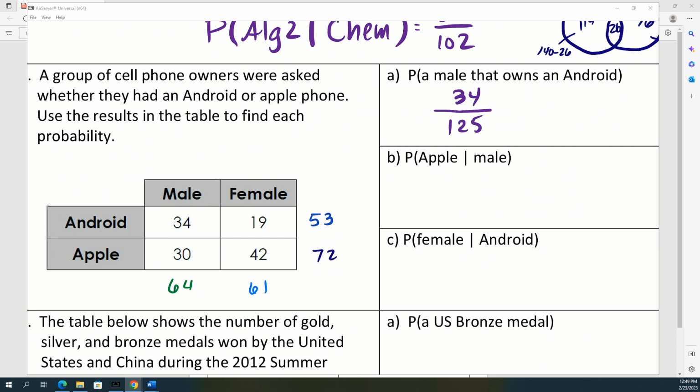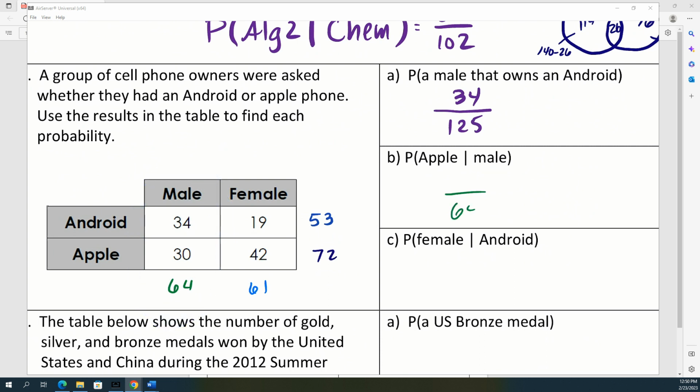Okay, so on B, the probability of Apple given that it's a male. We know it's a male, so we only care about males on this one. Okay, so let's start with the bottom. If it's males here, the number of males should go on the bottom of the fraction. 64.